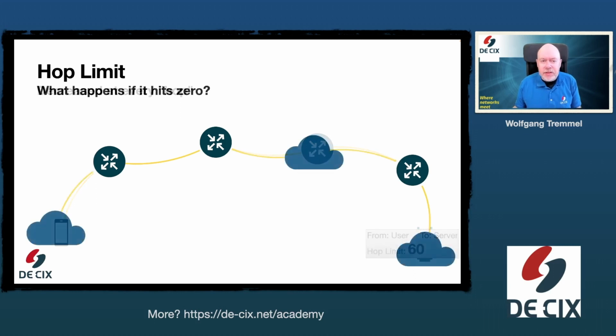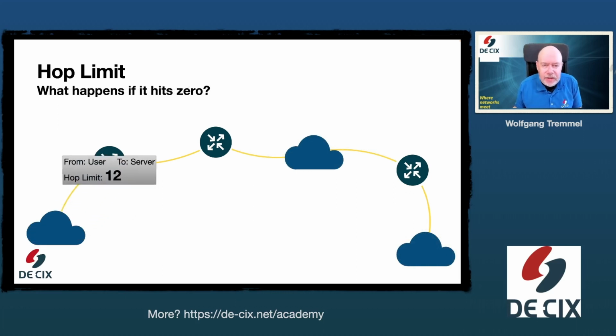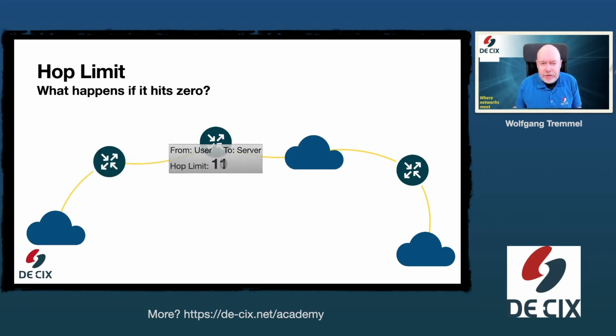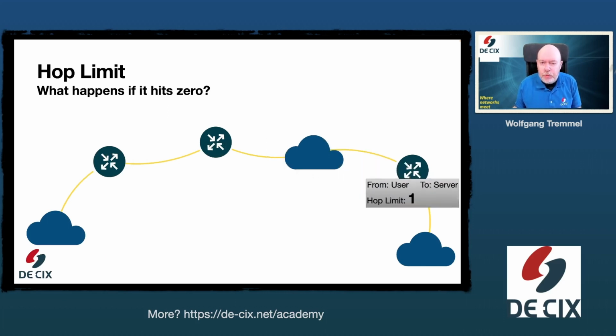But what happens if the hop limit actually does hit 0? So here we start in the middle of the packet traveling with a hop limit of 12, which is decreased to 11, which goes into some subnetwork where it comes out with a hop limit of 1. So this router now decreases the hop limit and it hits 0.